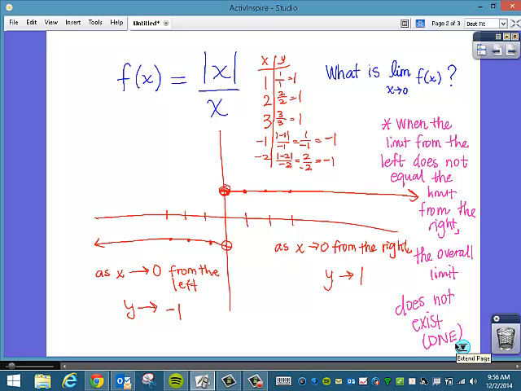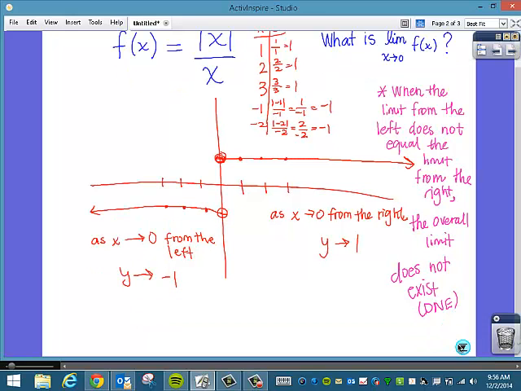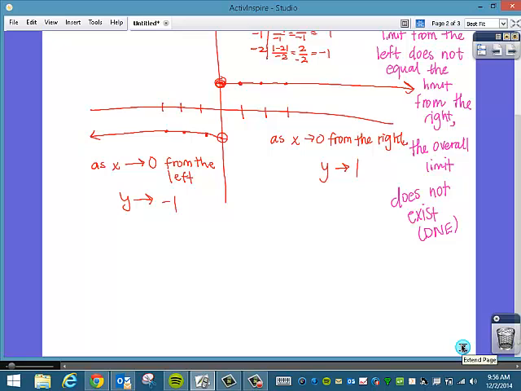So we can write this in limit notation. The way you designate that you're approaching from the left is you put a little negative sign, kind of like an exponent.